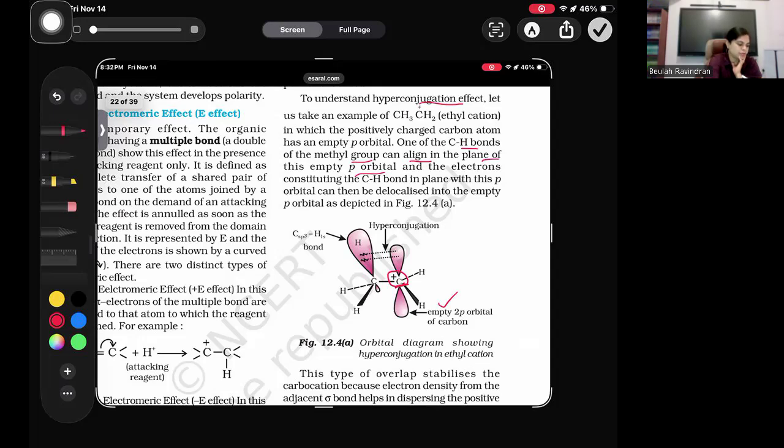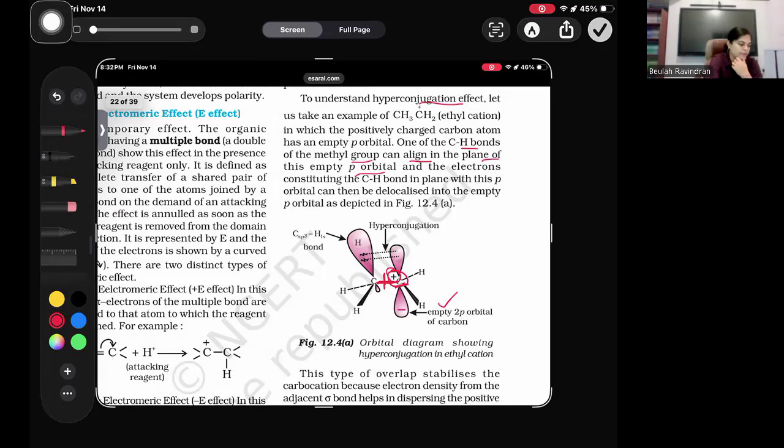Okay, so it is aligned in plane with the empty p orbital. Then the electrons constituting the CH bond in plane with this p orbital can be delocalized. This electron is delocalized into the empty p orbital.